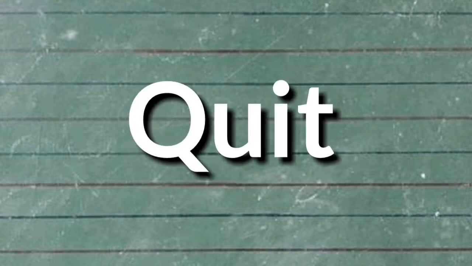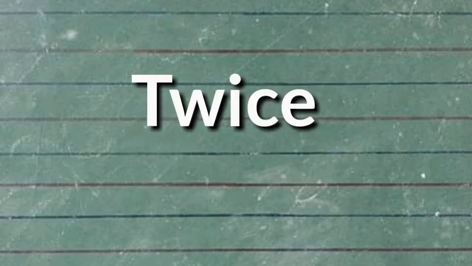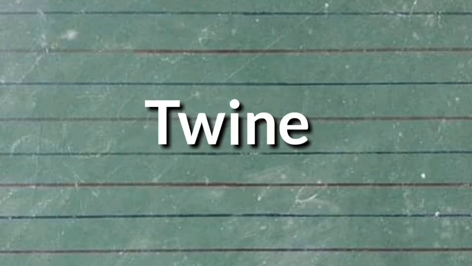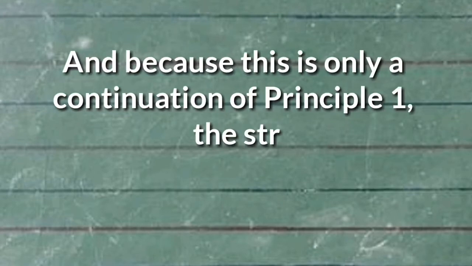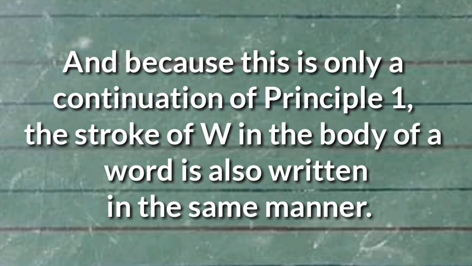The second batch of words that will be discussed in Principle 1 are quit, equip, twice, twine, roadway, and always. Because this is only a continuation of Principle 1, the stroke of W in the body of a word is also written in the same manner.